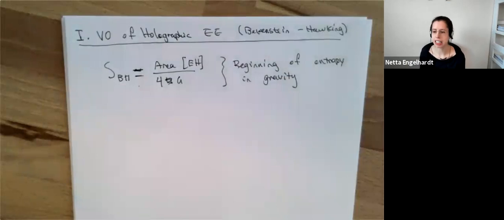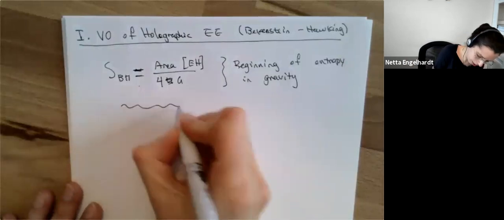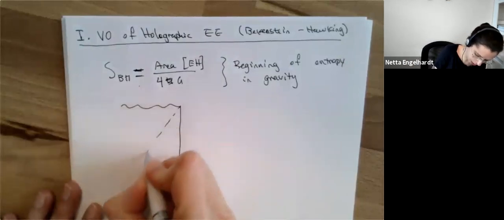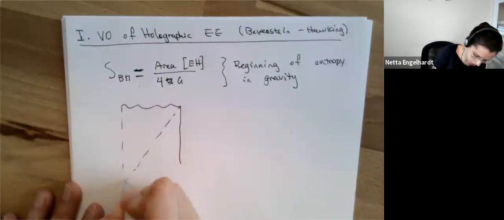Area of the event horizon, that sounds like the causal surface to me. That sounds like the causal wedge, right? The causal wedge is the region that, let me draw a picture here, again of the idea, even though they probably had asymptotically flat black holes in mind.